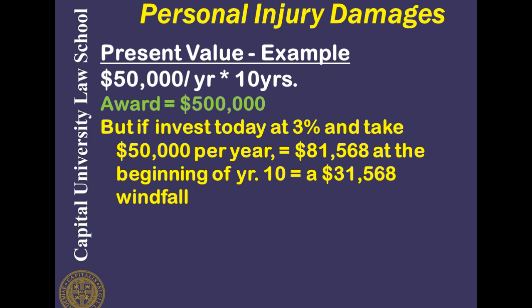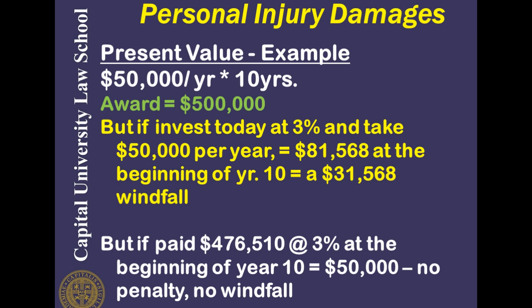As a result, they will have obtained a $31,568 windfall. That is an advantage. Or, looked at the other way, the defendant will have paid a penalty of $31,568. Either way, this should not occur, and that is why we try to reduce the award to present value.